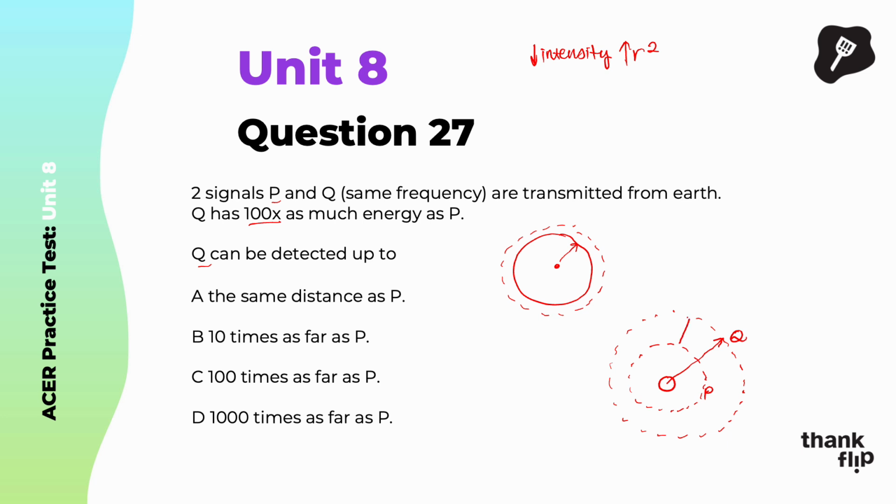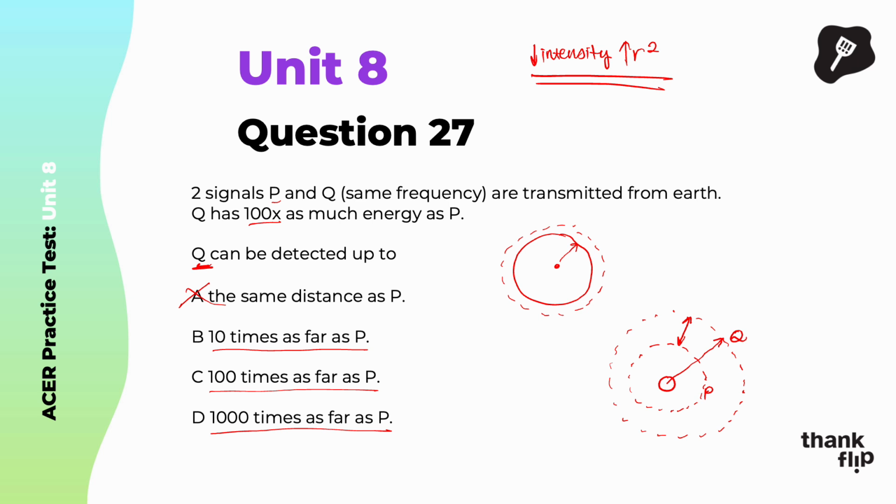But now we just want to figure out what's the relationship between Q and P and the intensity. And that's where our inversely proportional relationship comes in. So in terms of the proportions, Q can be detected up to 10 times as far as P, 100 times as far as P, or 1,000 times as far as P, or the same distance as P. So we know that it's not the same distance as P because it has 100 times as much energy, so it's going to go further.